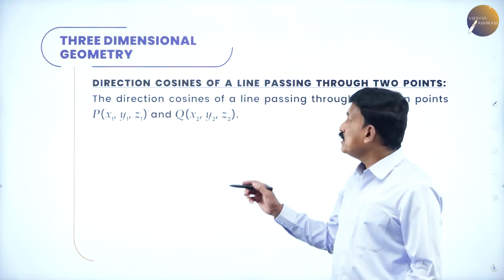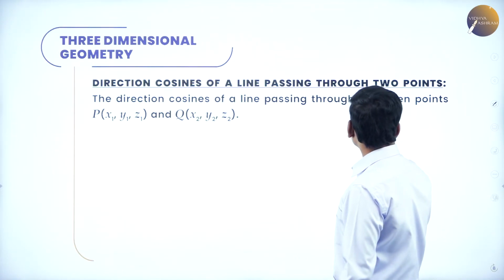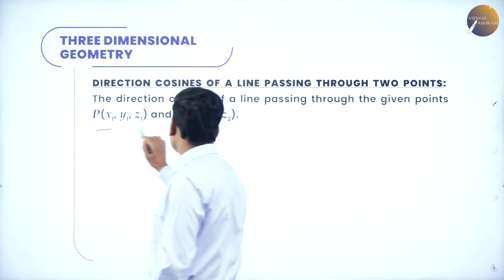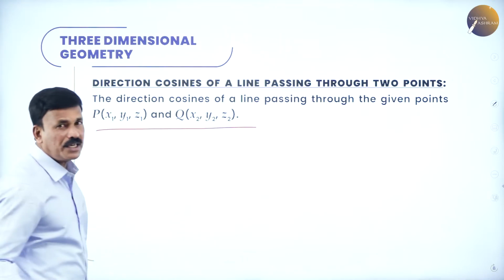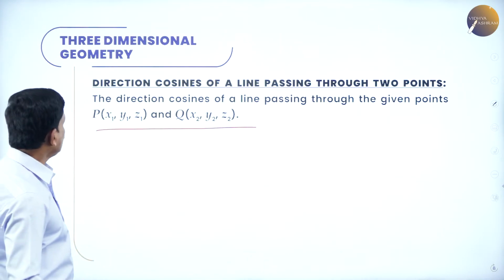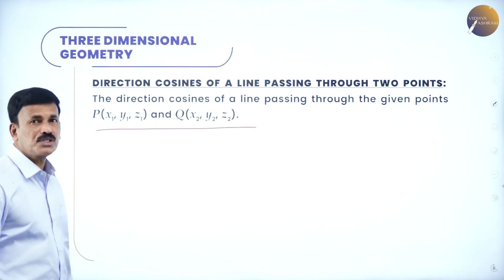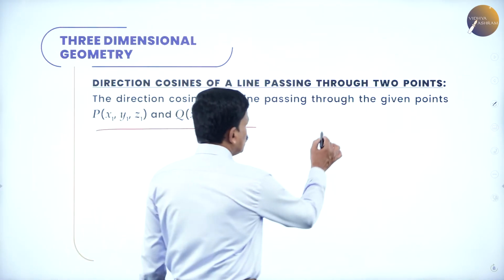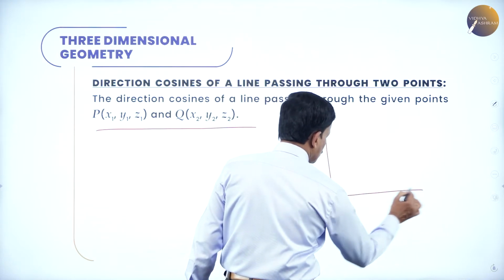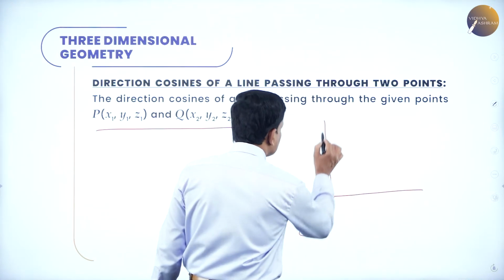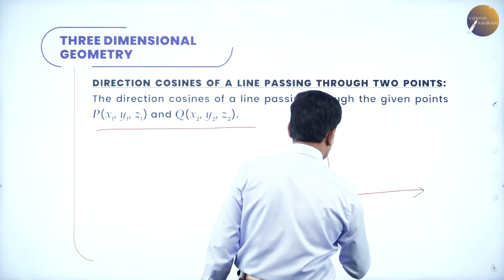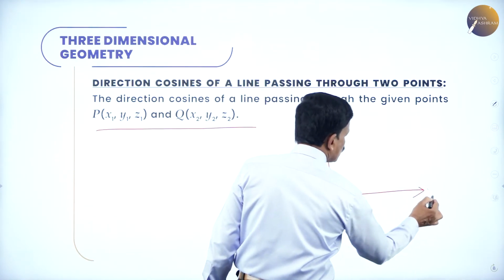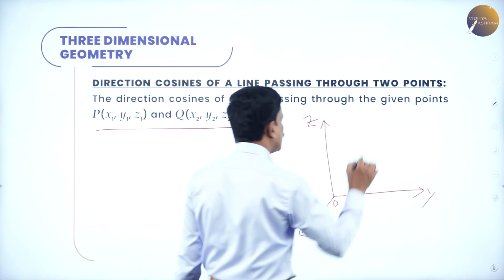Suppose a line passes through the 2 points, say x1, y1, z1 and x2, y2, z2, then how to find the direction cosines? Suppose this is the line. Let us draw the origin, x-axis, y-axis and z-axis.